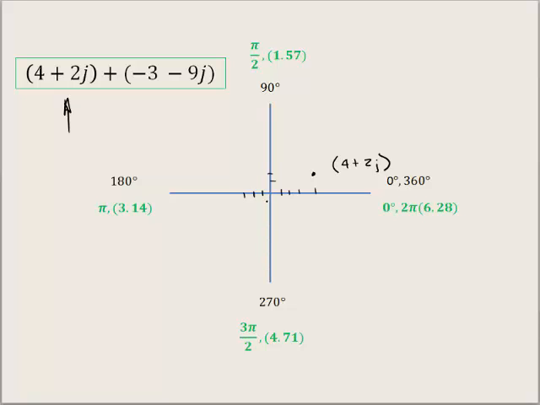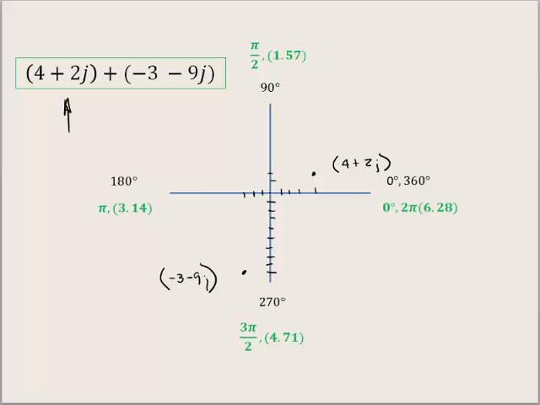So we're going to go 3 and -9. 1, 2, 3, 4, 5, 6, 7, 8, 9. Right about there. I'm going to label that. Okay, so that looks pretty even. Those are our 2 points.